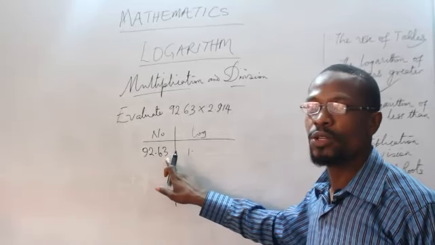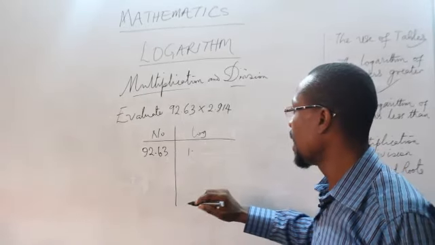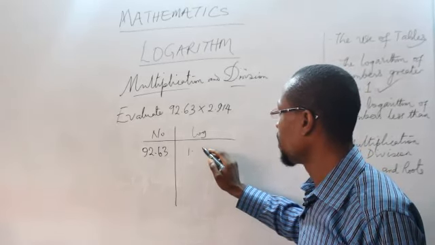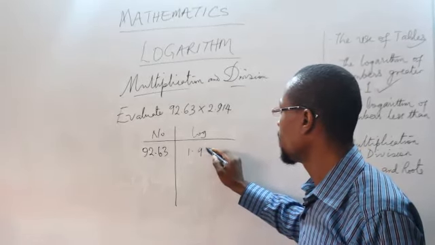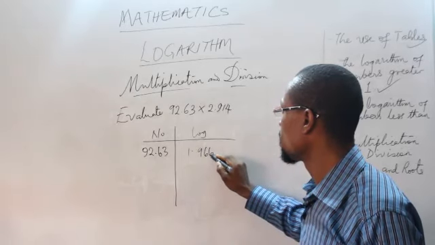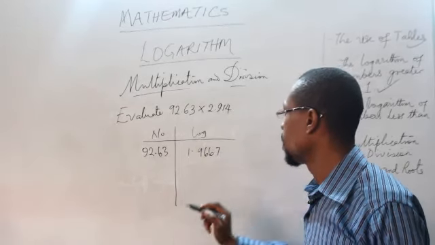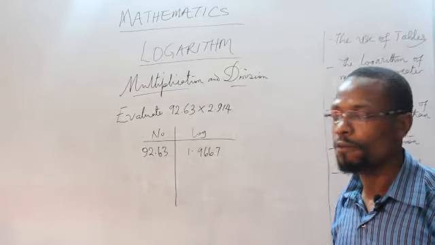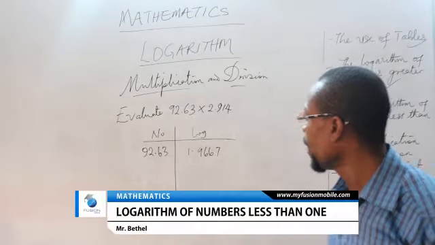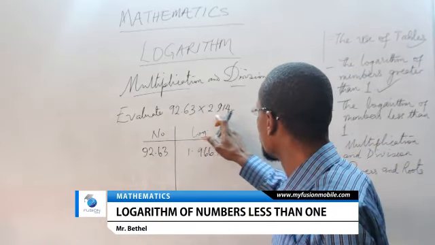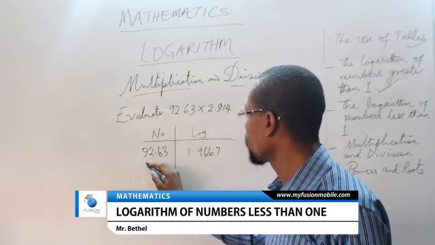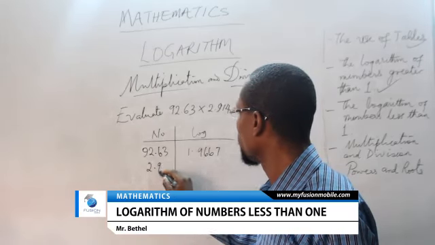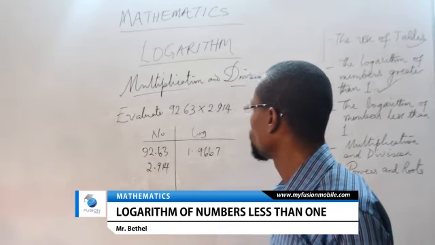Of course, when we do that, you simply realize that the mantissa becomes 9,667. Okay? Check your four-figure table and verify. And then we go on to get the logarithm of the next one, which is 2.914.